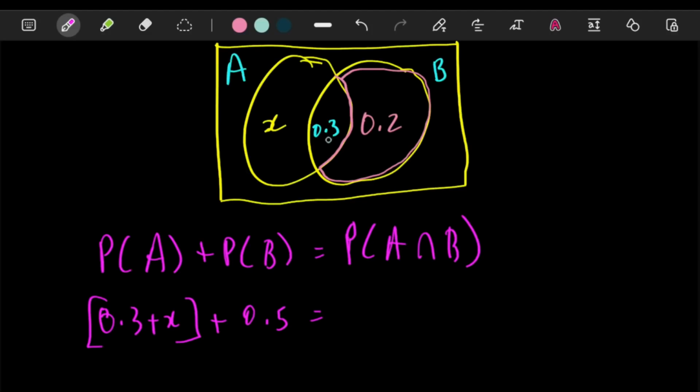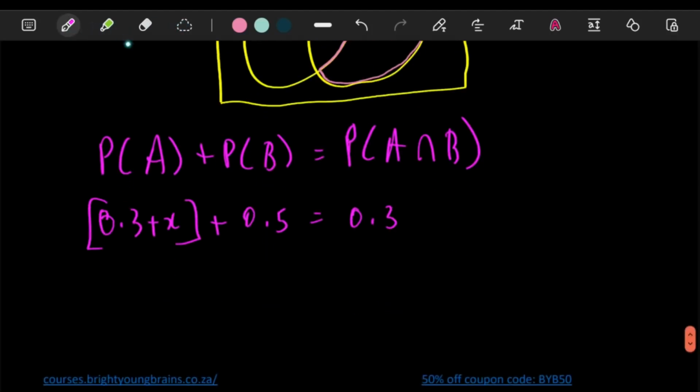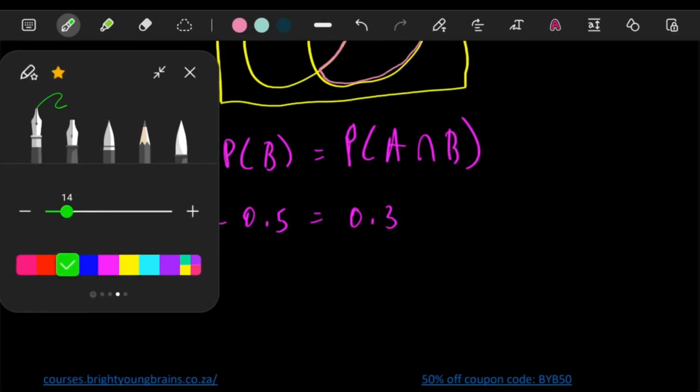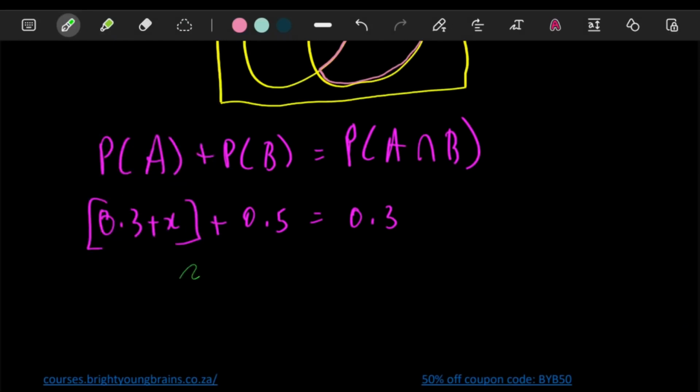And the probability of A and B is 0.3. So you need to solve for X to get the probability of A alone. This plus that is going to be 0.8 plus the X.